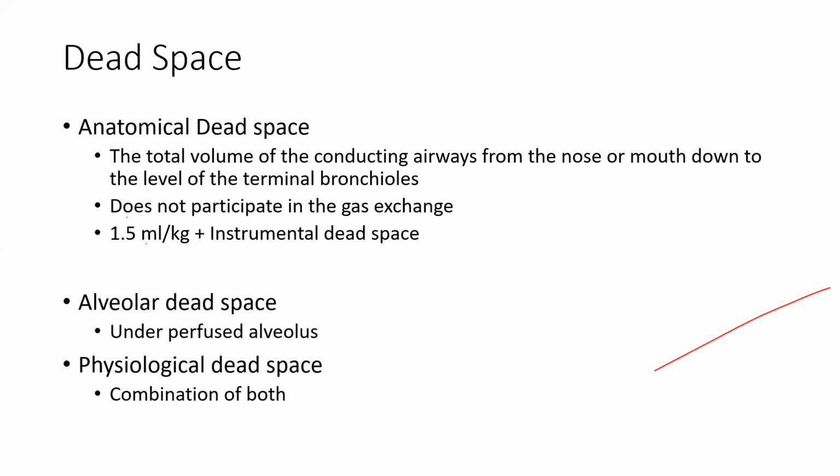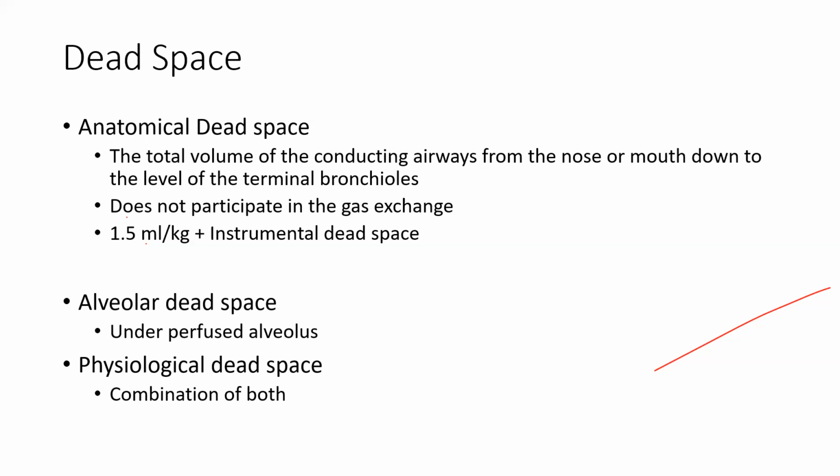So it's important for us to reduce our instrumental dead space by placing the flow sensor and where you measure the pressure as close to the baby as possible, and using as short an ET tube as possible. Another thing is alveolar dead space, which basically depends on whether you have under-perfused alveoli or atelectatic alveoli, where the airflow is not reaching the alveolus.